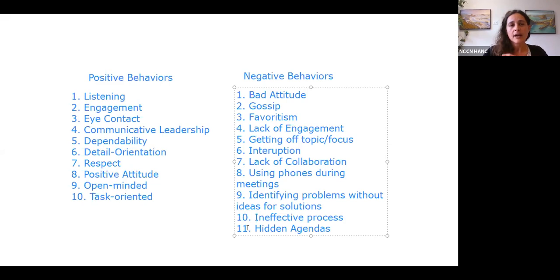If I was actually facilitating this activity in person, one of the things that I would do with the group would be to dive in a little bit more, to define, for instance, what does respect mean to people? Because some of those more abstract concepts can mean slightly different things.